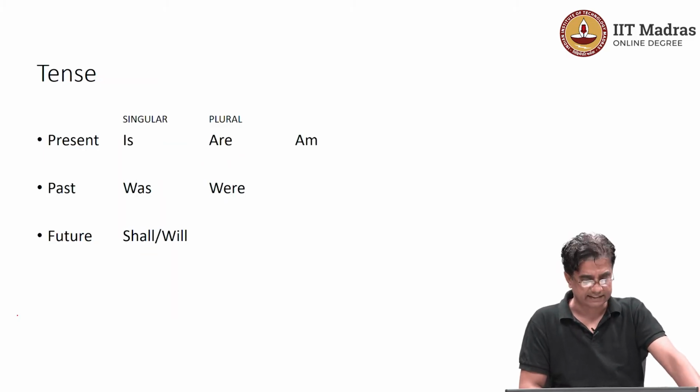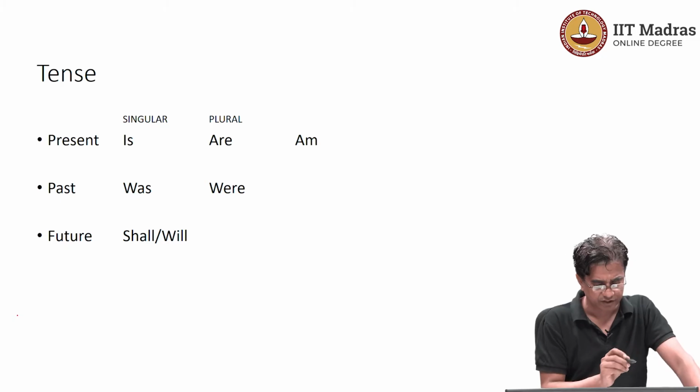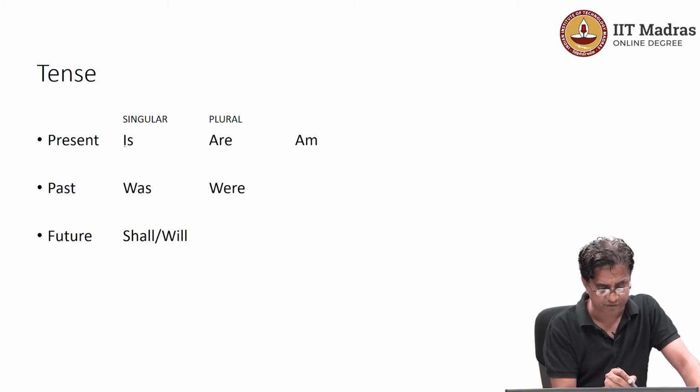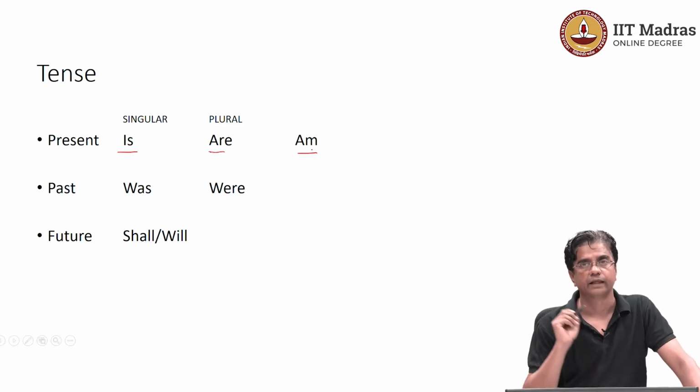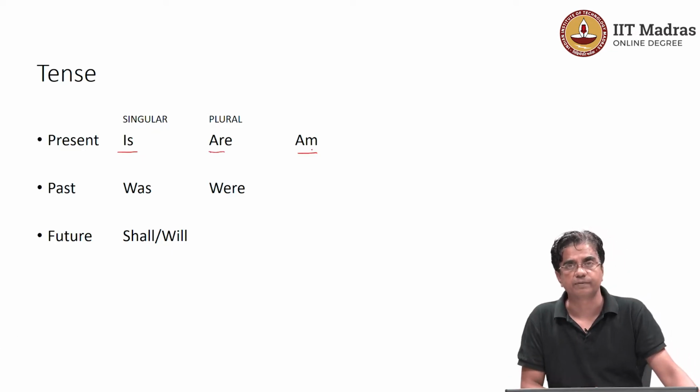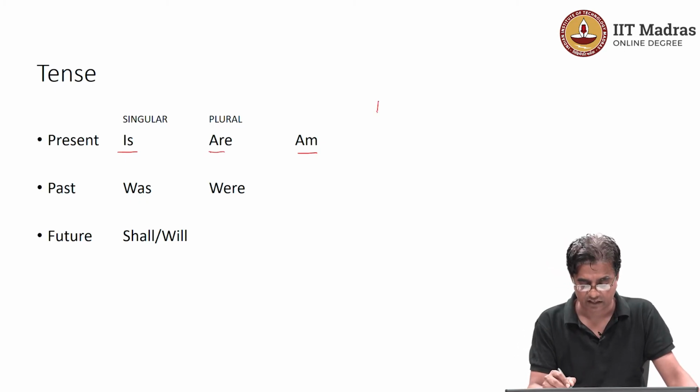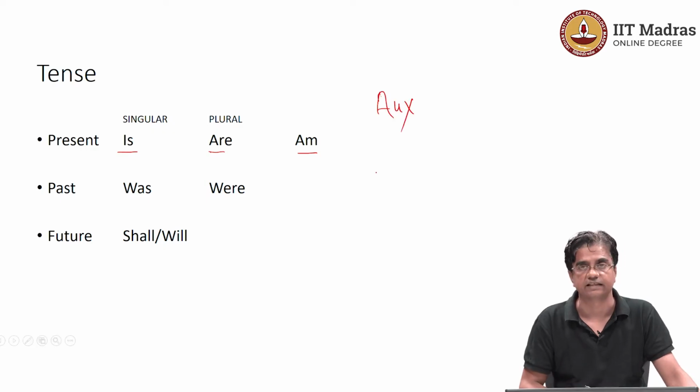Let's look at tense. The markers of tense is very simple in English. We have these kinds of things like is, are, am. Allow me to spend a moment here. These elements in English language are taught as auxiliaries.